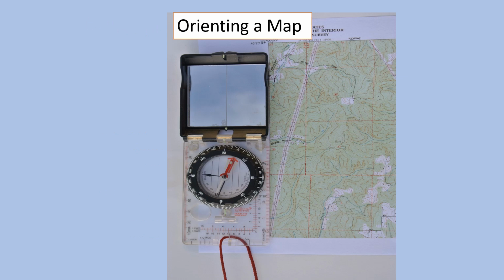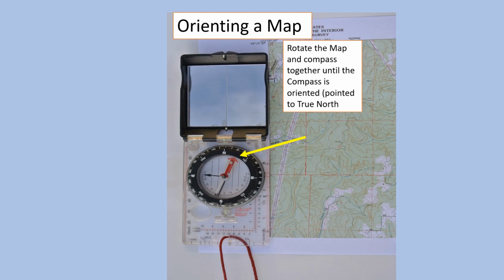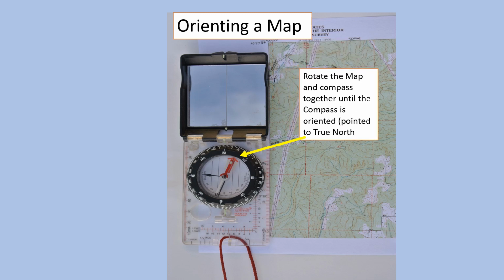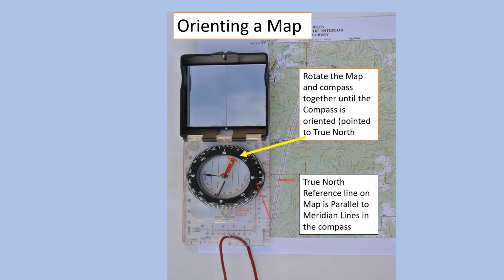Rotate the map and the compass together until the compass is oriented, pointed to true north. Make sure the true north reference line on the map is parallel to meridian lines in the compass.